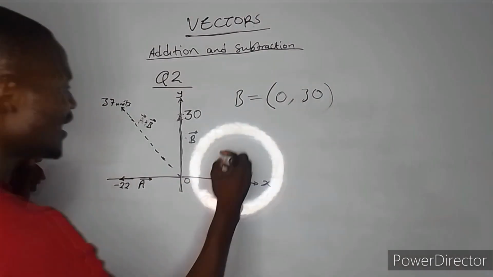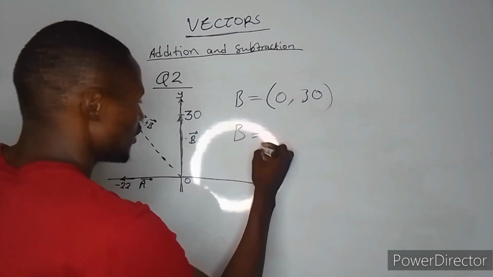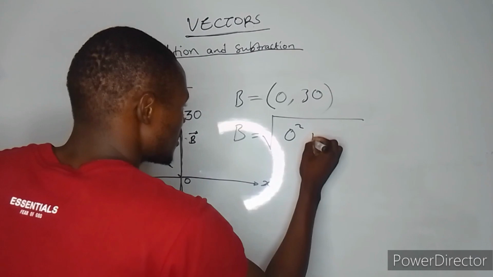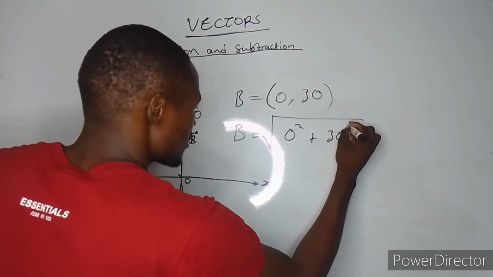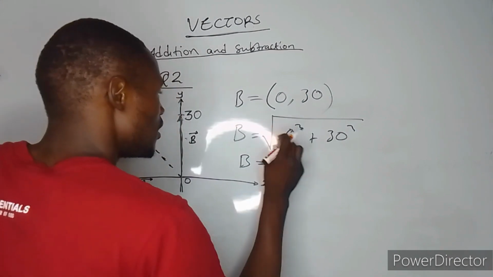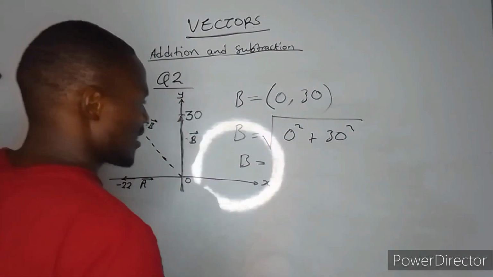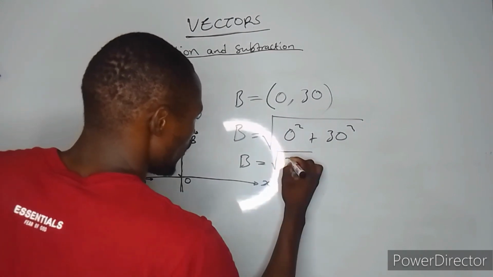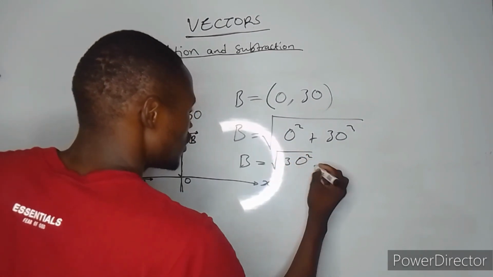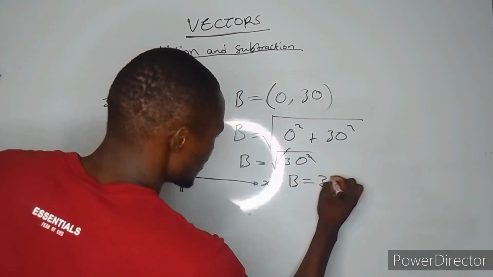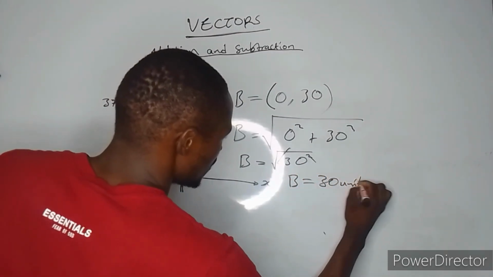But how do we calculate the magnitude? The formula is already known. So we will do this 0 squared plus 30 squared, in which b squared is equal to 0 squared is just nothing. So we get rid of this 0. We remain with the root of 30 squared. So this is square and this is square will go. So we remain with b as 30 units.